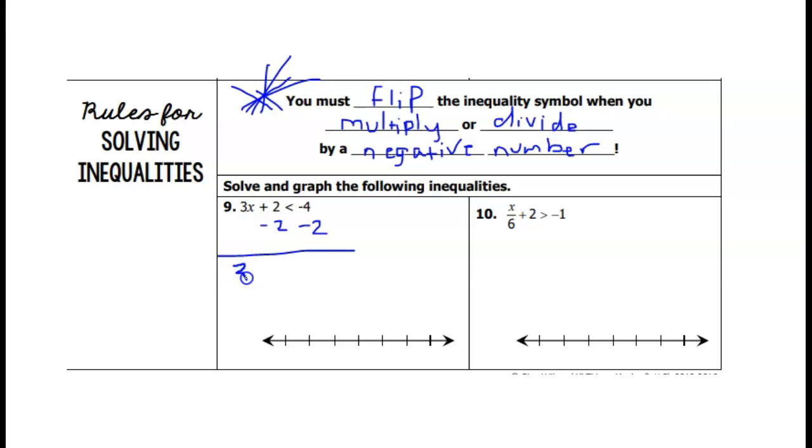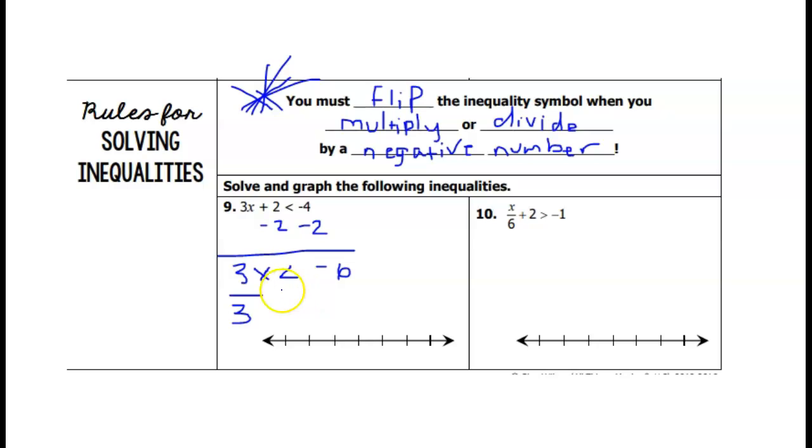I had 3x, and now I'm carrying down my inequality sign: 3x is less than -6. So far, so good. Nothing has changed. What is our next step to solve equations? If this was an equation, what would you do to get x by itself? Divide.